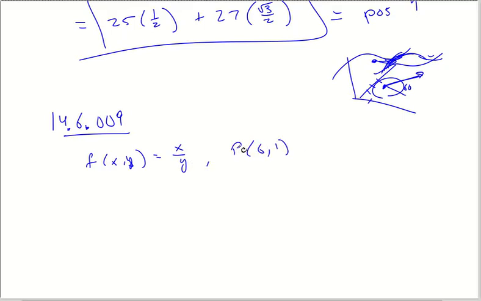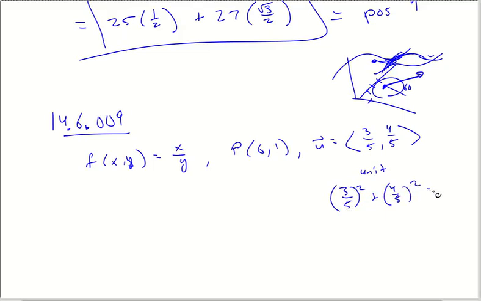P is 6 comma 1, and they give me a vector. I don't want to always assume it's unit, though it is a unit vector here indeed. You can double check by doing the magnitude and all that stuff, and you would see that you got 1. So that's a unit vector.